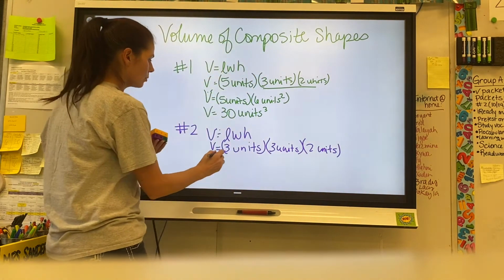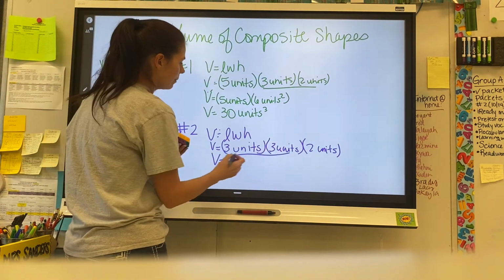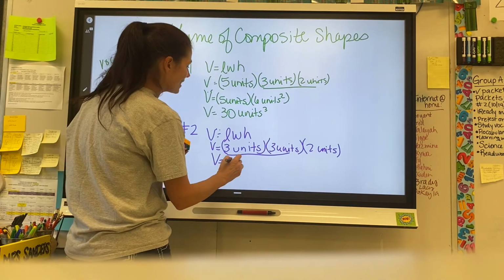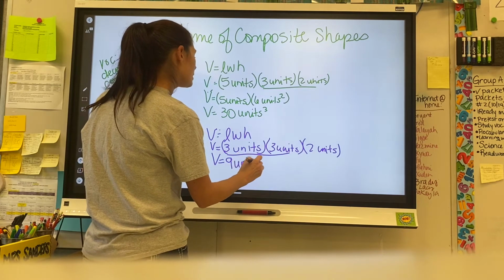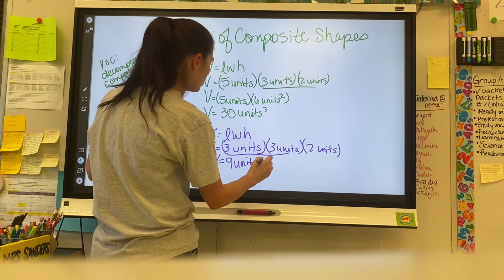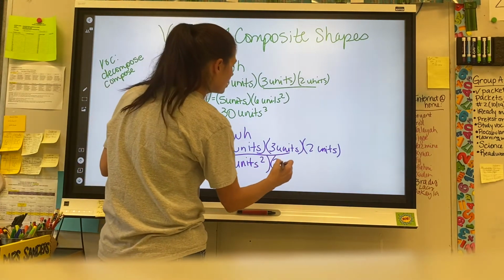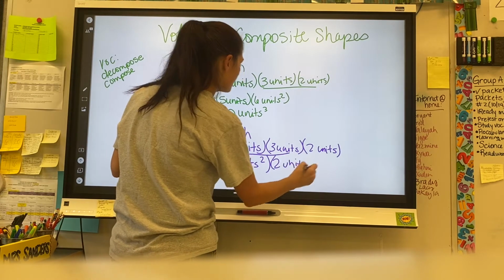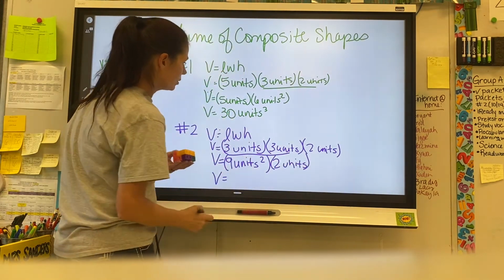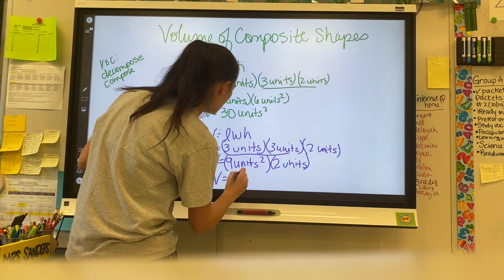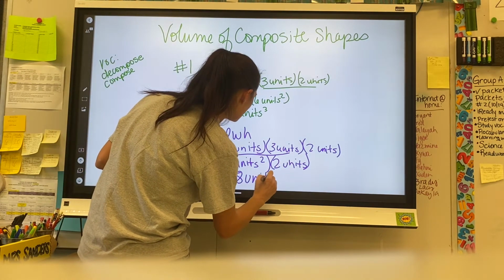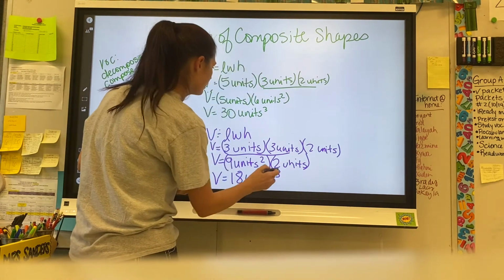Okay, so choose 2. How about 3 times 3? 3 times 3 is 9 units squared times 2 units, and 9 times 2 is 18 units cubed.